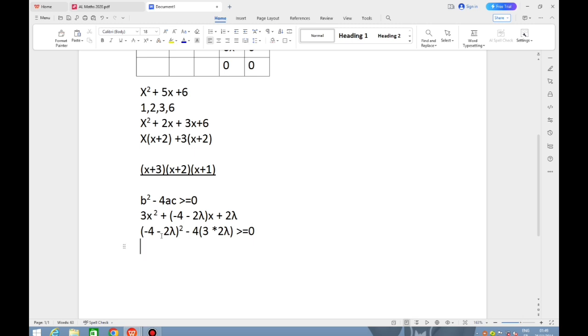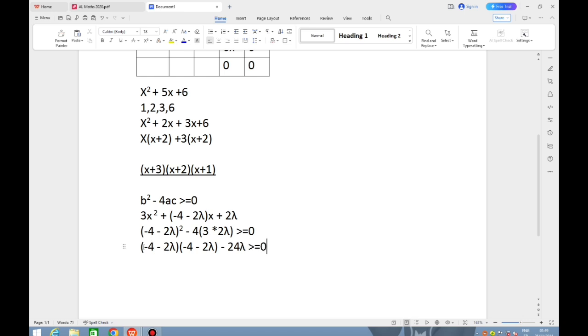From here we open the brackets: minus 4 times 3 times 2 lambda is 6 lambda times 4, which is 24, so that's minus 24 lambda. This should always be greater than or equal to 0.